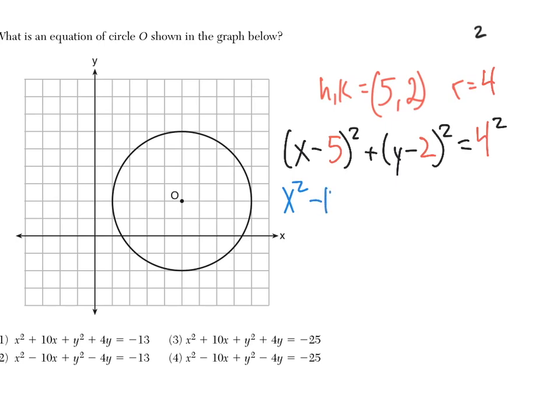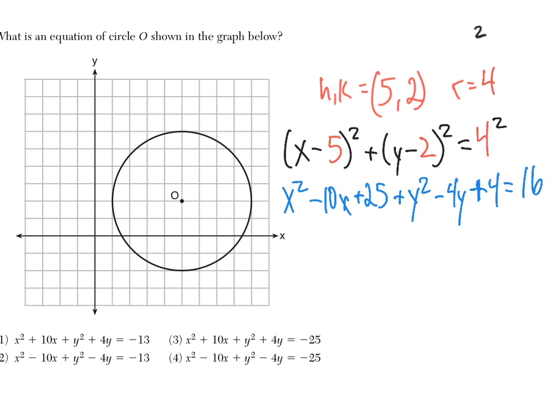So that's going to look like this. And you're going to want to do that on a separate piece of paper if possible. (y minus 2) squared, similarly, is y times y, which gives us y squared. Y times -2 is -2y, plus another -2y, plus positive 4. So that's going to look like minus 4y plus 4 equals 4 squared, which gives us 16.